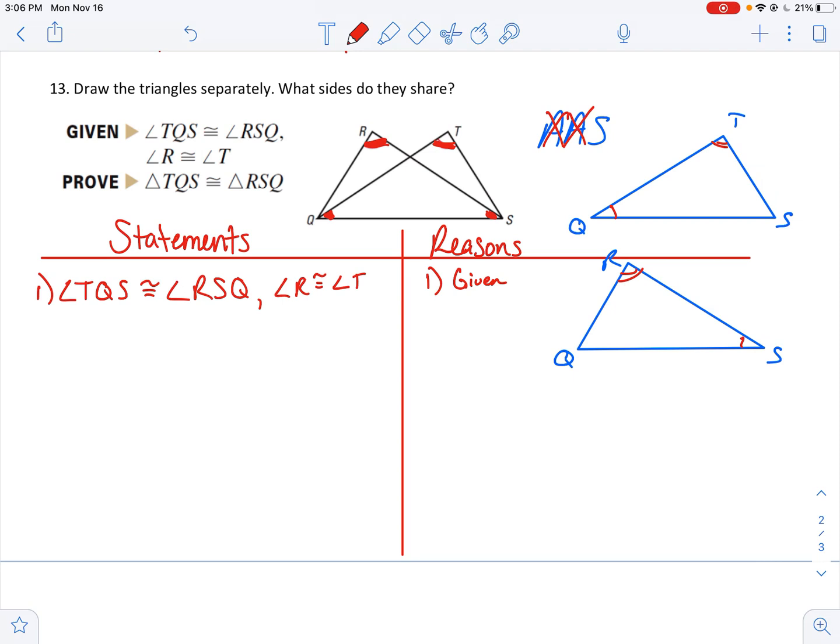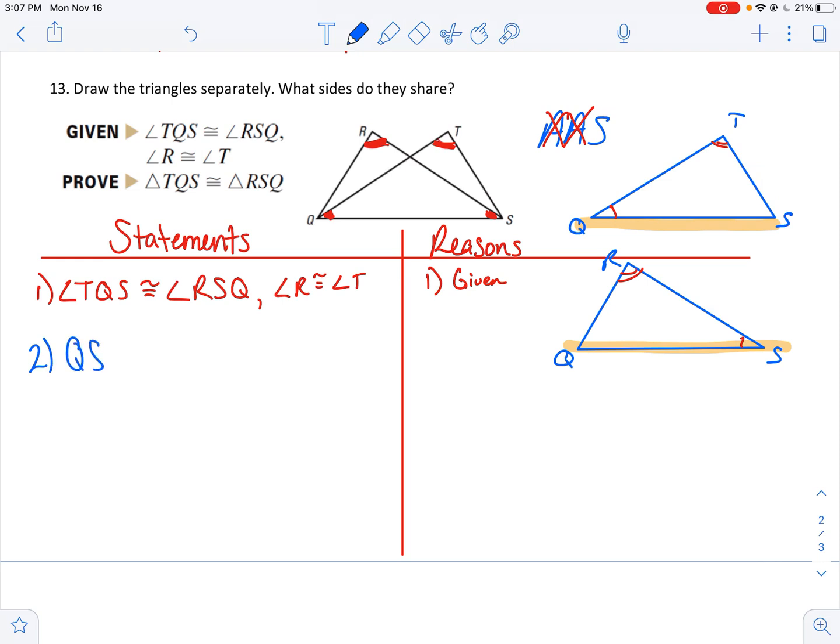So what side do they share? You know, where are they connected? Well, they share down here. That's where they connect. So QS and QS, they share QS. So I need a side. It looks like that's going to be the side I go with.